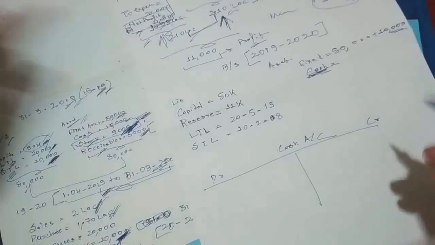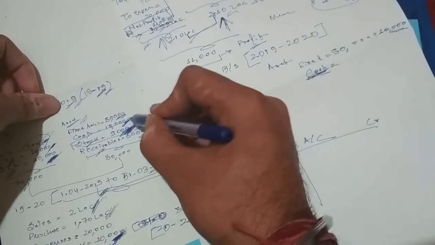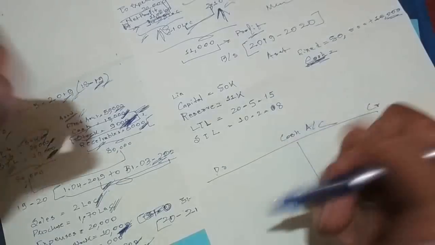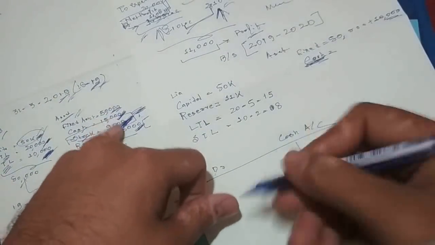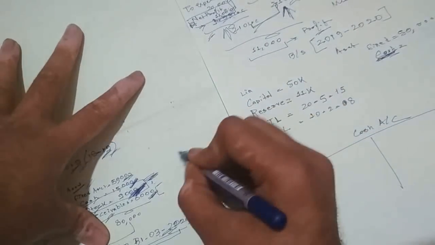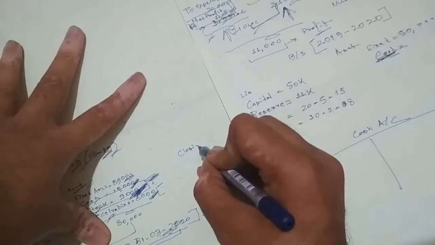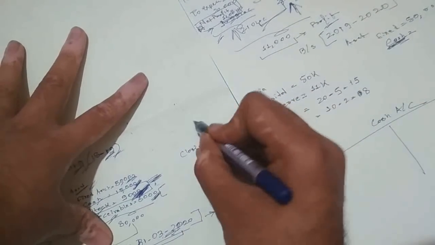As I told you, in the last year we are left with 50,000 rupees. Since it's on the asset side and it will be utilized in the next year, whenever there is a closing stock, let's make one thing very clear: whatever closing stock or closing cash we are left with in the particular year, it will be on the credit side.